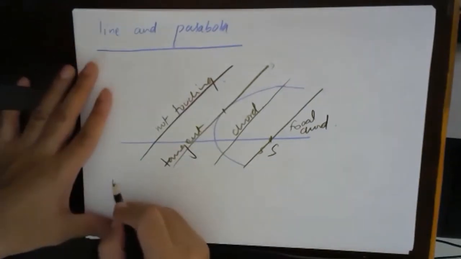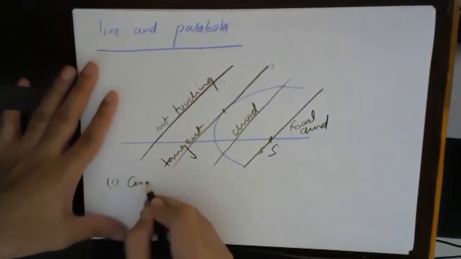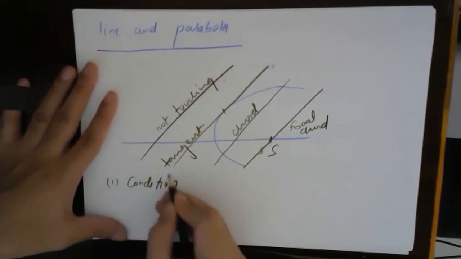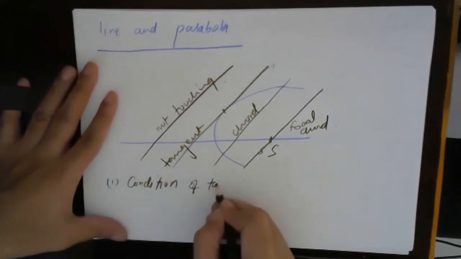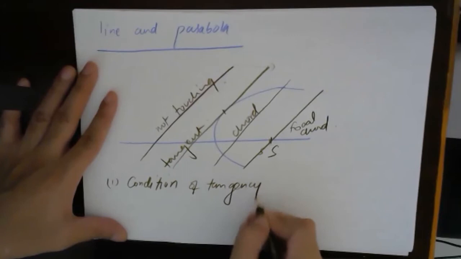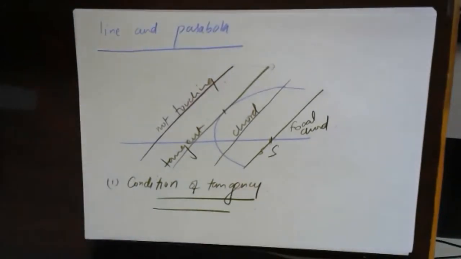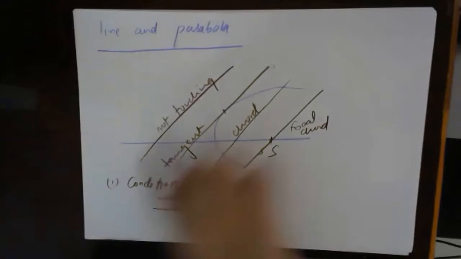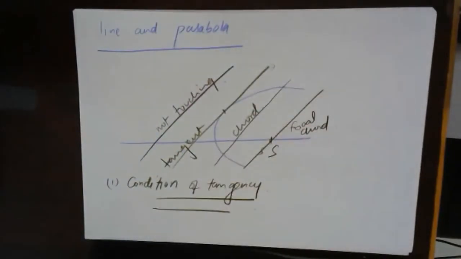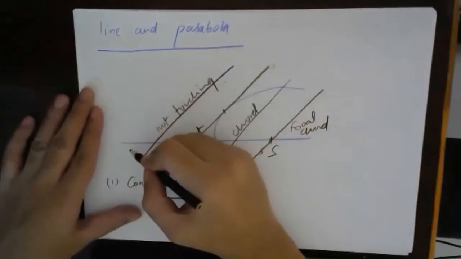So first is the condition of tangency. What do you mean by condition of tangency? So what they are saying is that suppose there is a line with a slope m.